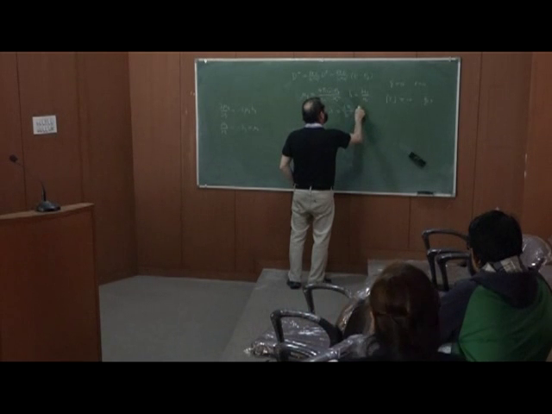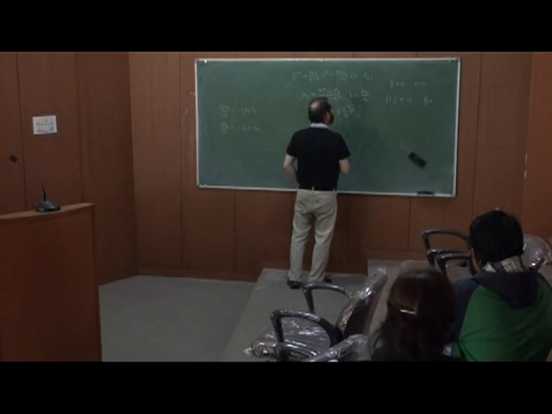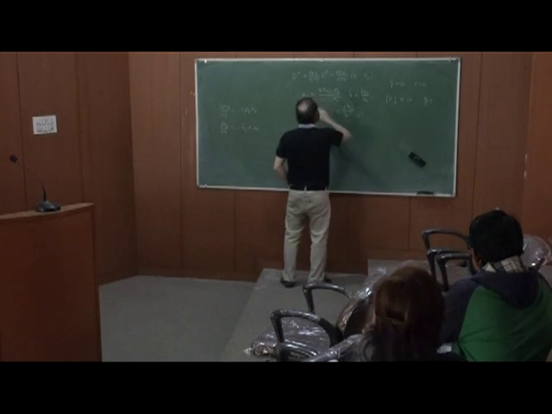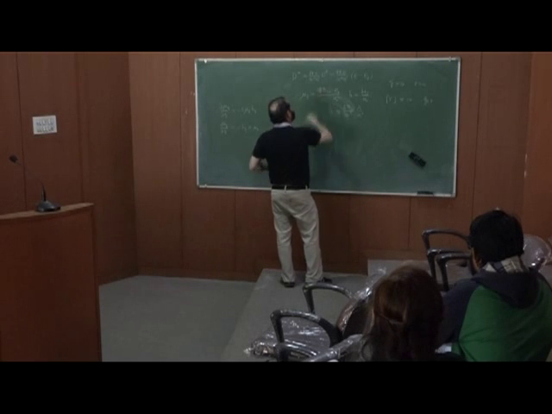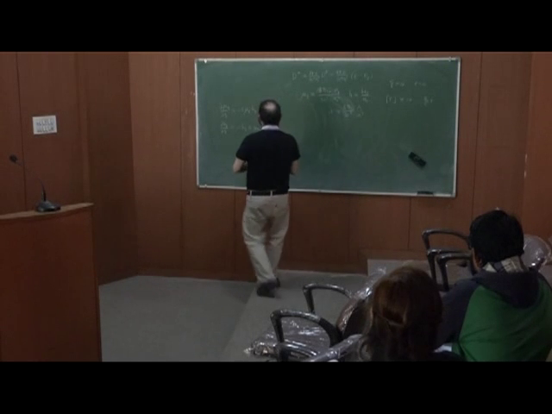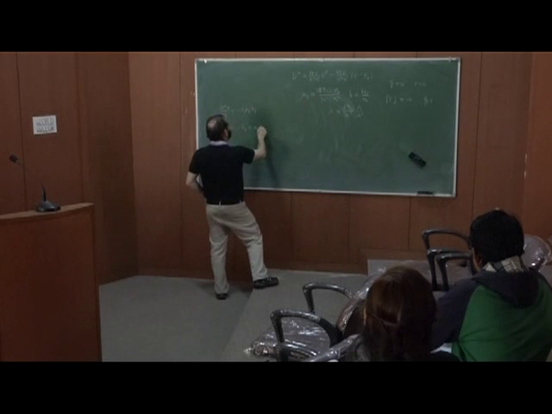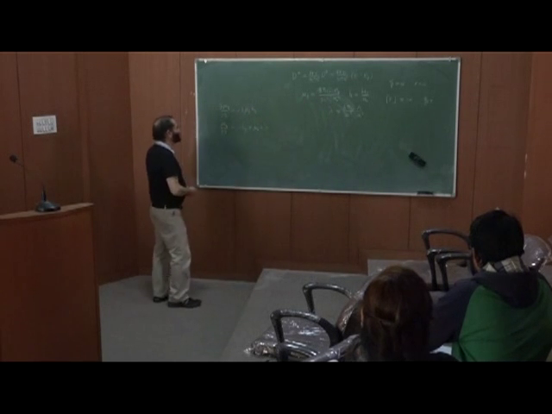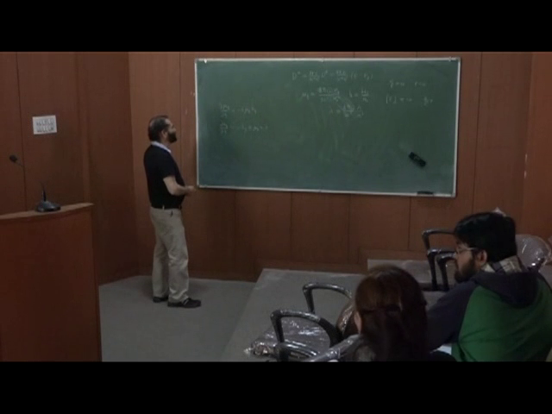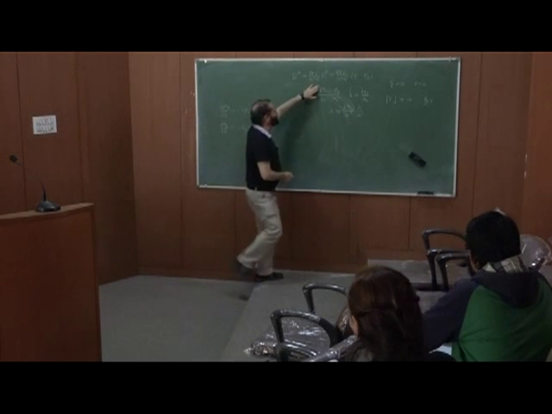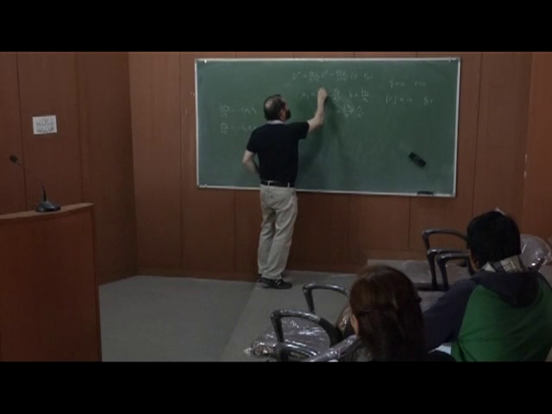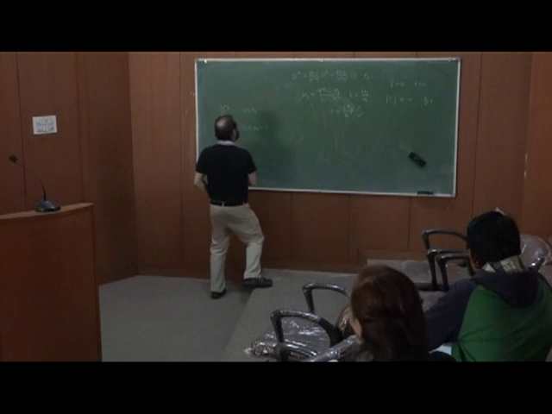Or let's keep it like this. Doesn't matter. So here it's mu plus lambda. Although there are good reasons to keep the 4. Let me keep the 4. This is lambda.